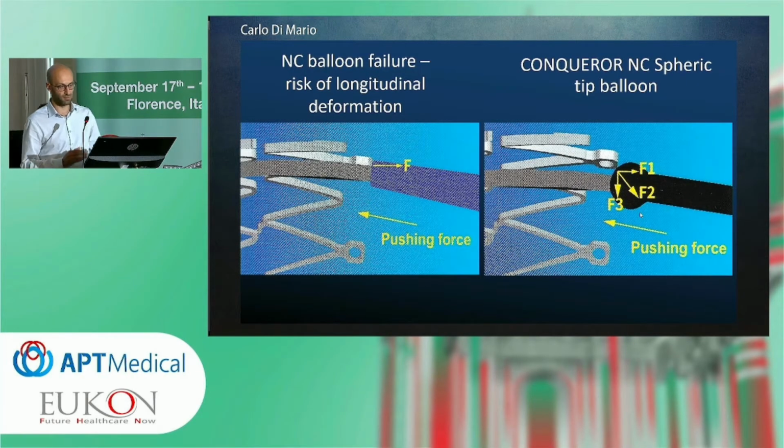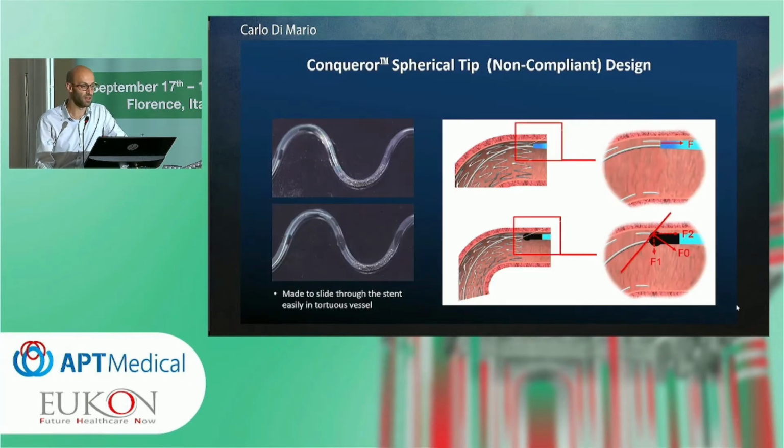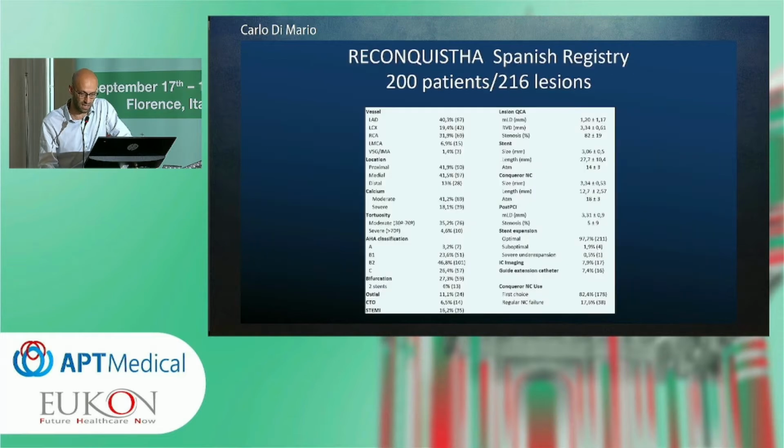The concept of this new balloon is that thanks to this spherical tip, the forces when pushing it into a stent are reflected, and you have more chance to enter the cells and to enter inside the stents. Also, in particular, in complex and tortuous lesions, when a non-compliant balloon can get entrapped, with this spherical tip you have a very easy delivery of the balloon.